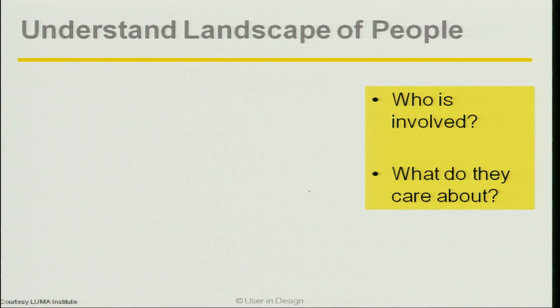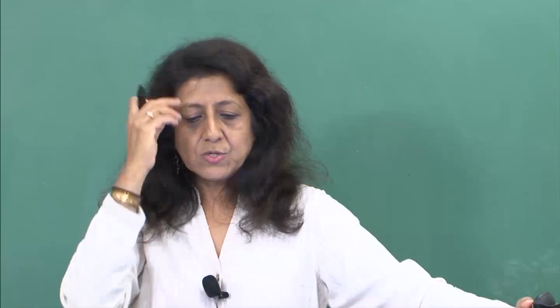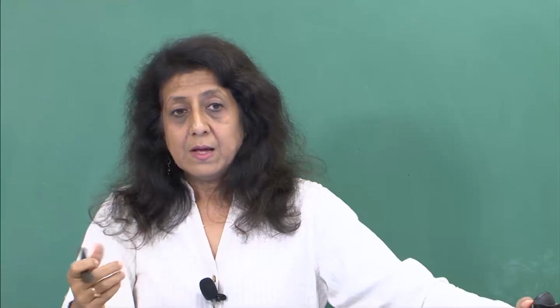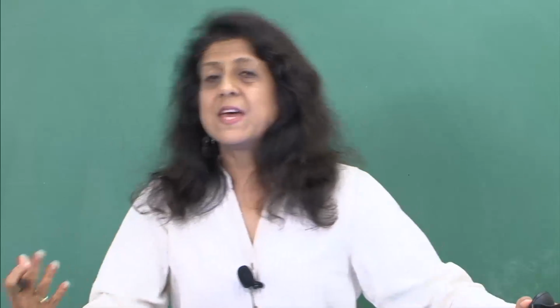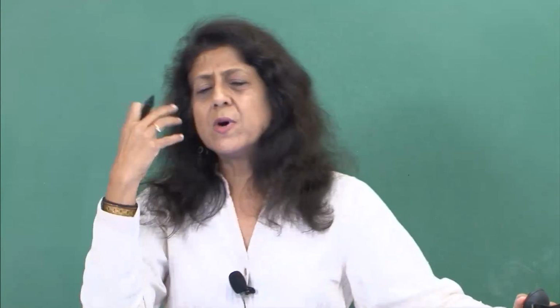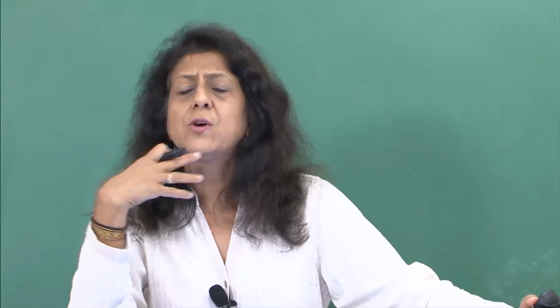All right, so as we embark on trying to find out about the people, we need to understand the landscape of people, right? Who are these people that are involved in this project? So let's say, when Uber started, what must they have done? They must have thought, who are the people that are important in their ecosystem?